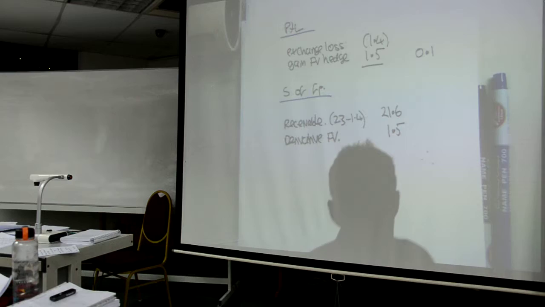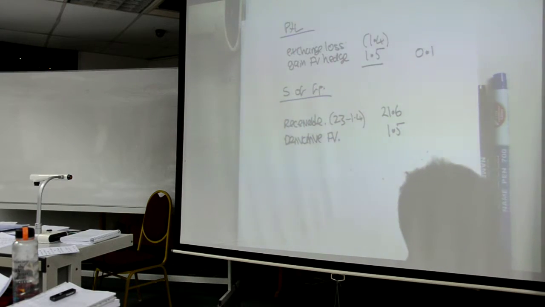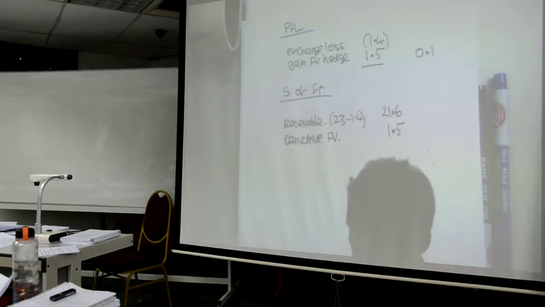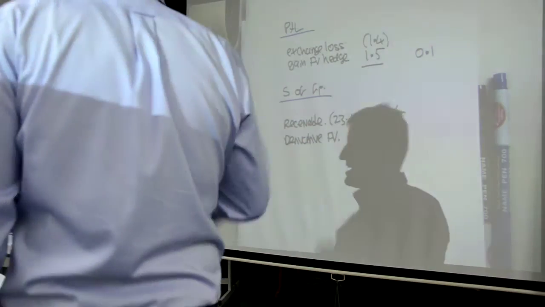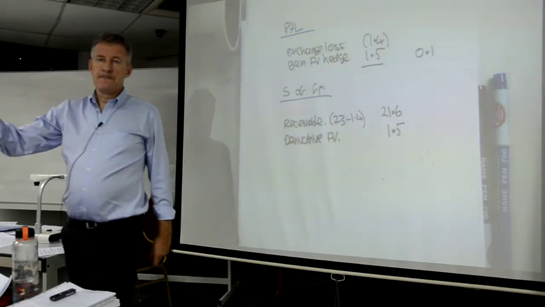And proactively managing that risk means taking out a hedging instrument. A hedging instrument is designed to create the opposite effect of your hedged item. So if your hedged item gives you a loss, then your derivative will give you a gain. Now the accounting for the derivative has to be at fair value.